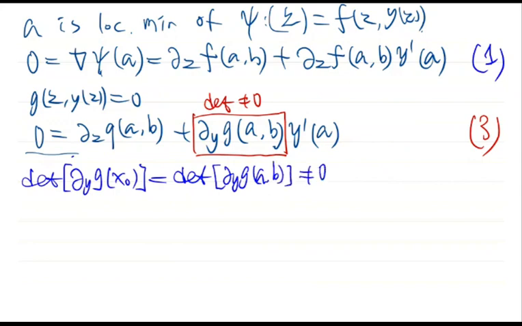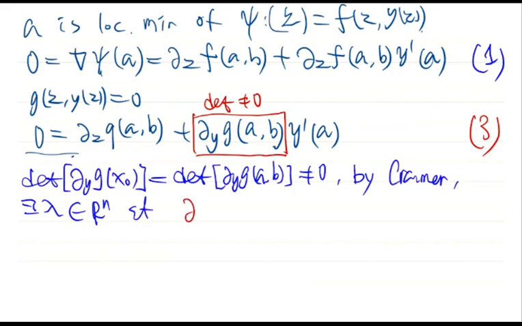So for the following system of linear equations, there exists a lambda such that the partial derivative of f with respect to y at AB plus lambda transpose times the derivative of g with respect to y at AB is 0.